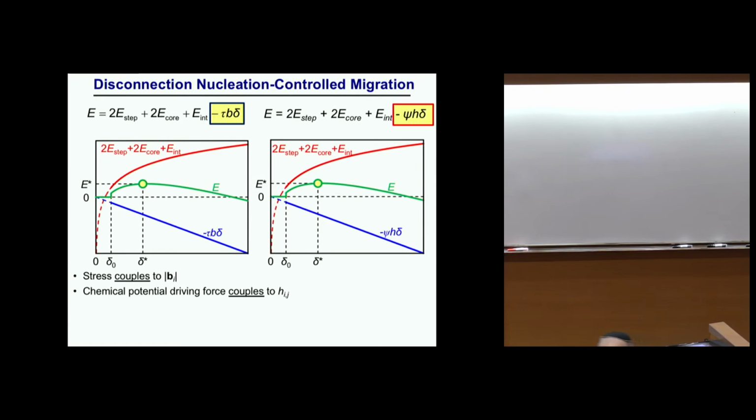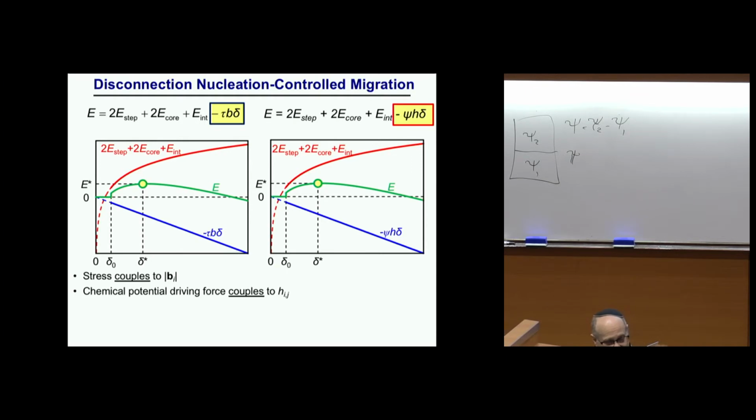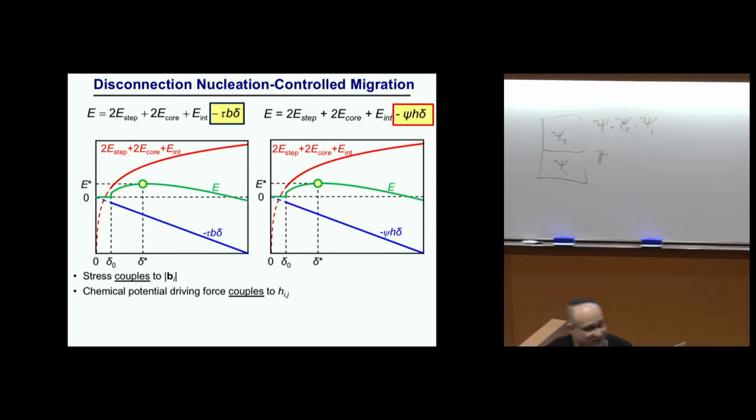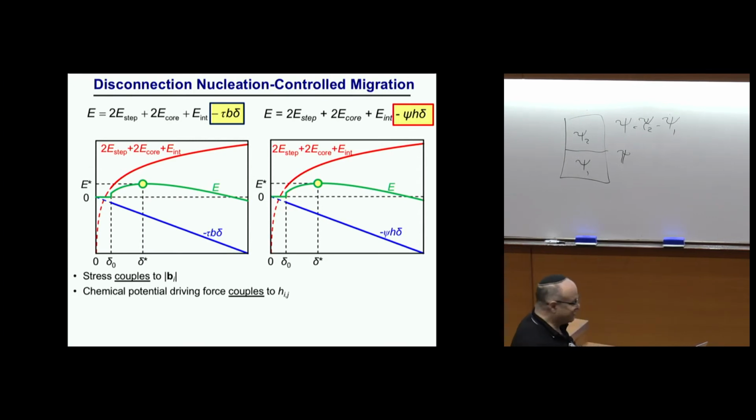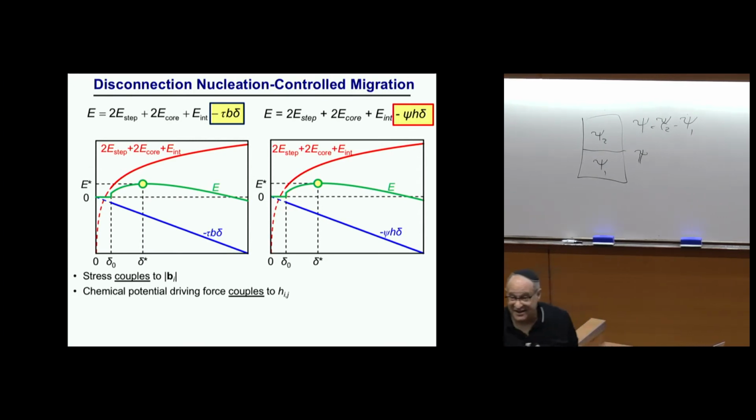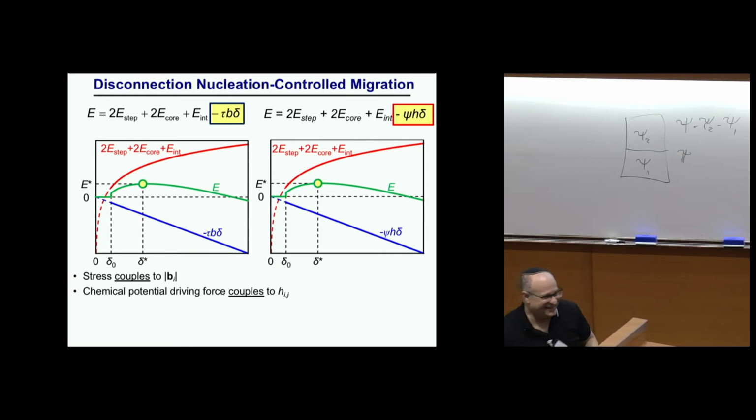But since they have to move together, the step height and the Burgers vector, one gets dragged along with the other. So even if I apply no stress and only apply a chemical potential jump, the Burgers vector has to move along with the step. Okay? I know I'm going fast. I talk fast, sorry.